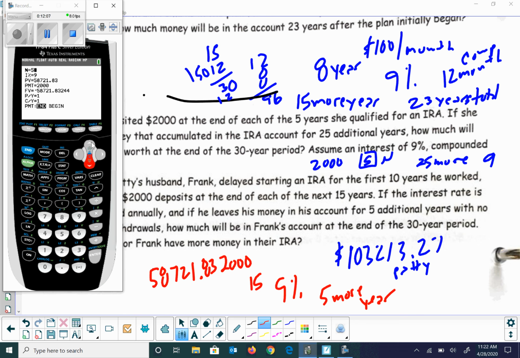Still getting the 9%. He's not going to put any more money into it. Everything else looks fine. We just need to get rid of that future value. Okay, so we're going to go alpha solve. And so now he has $90,350.81.